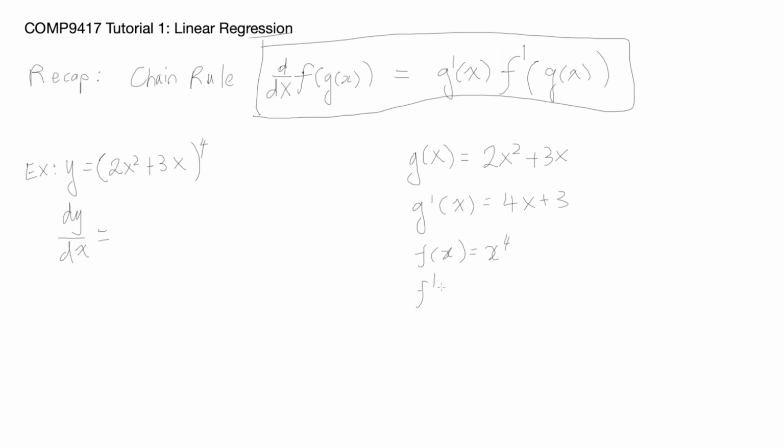And so f prime of x, I'm just getting all the pieces that we need for the chain rule in one place. The derivative of x to the power of 4 is 4x cubed.